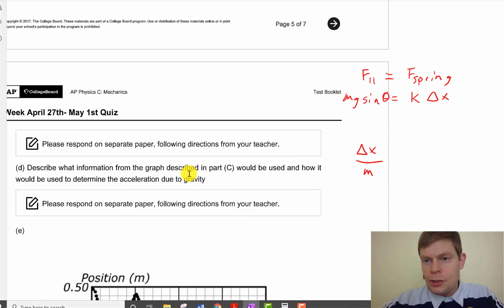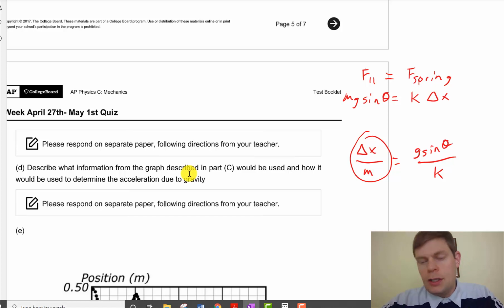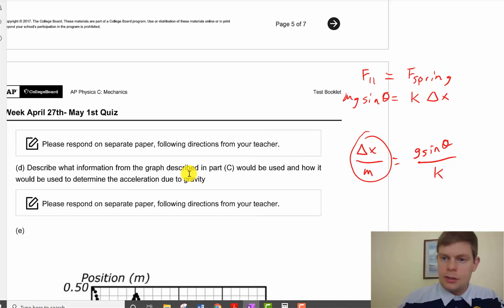So if you did delta x over m, that would be your slope. If this is your slope, then g sine theta all over k is equal to your slope. So you'd find your slope, you'd plot it, it would be equal to g sine theta over k, and so after you're done, you would divide out sine theta over k, and you'd end up with your acceleration of gravity.